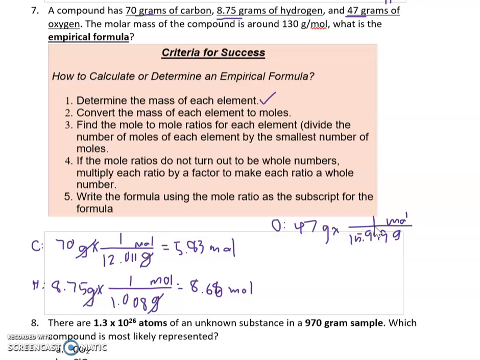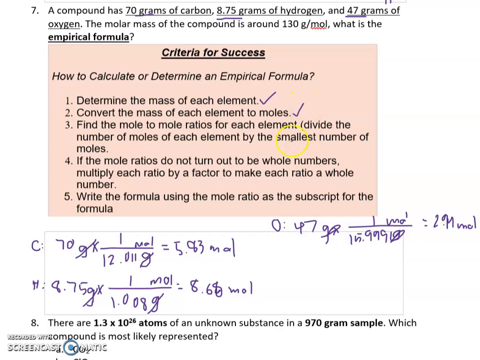And then I get my calculator, and 47 divided by 15.999 is equal to 2.94 moles. I know that this is moles because my grams canceled out and all I was left with is moles. Okay, so I did number 2.